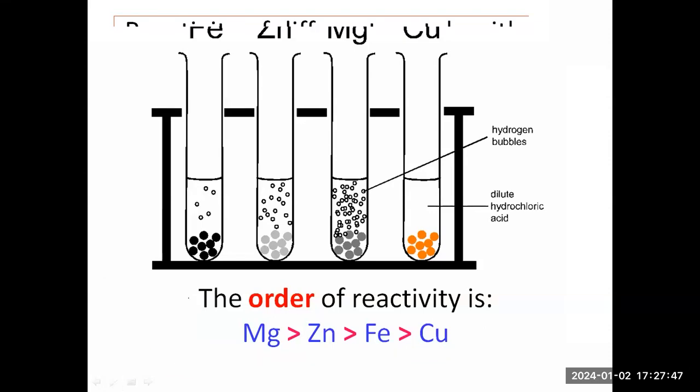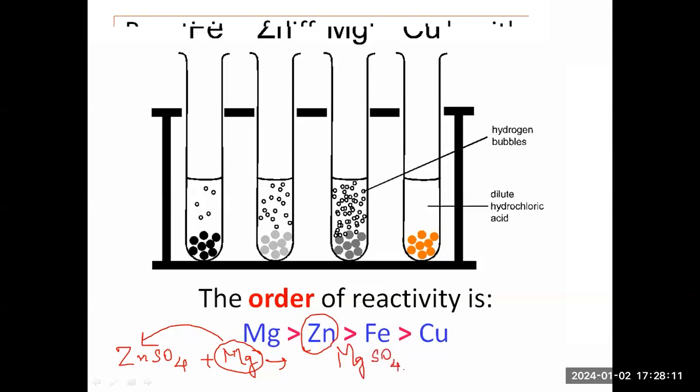Or the other one is a metal will displace the other one. Say for example, if I take a salt solution of zinc, if I take zinc sulfate and I make it react with magnesium, because magnesium is more reactive than zinc, it will displace it. And we'll have magnesium sulfate and zinc is free, right?